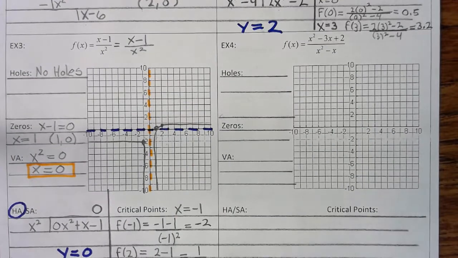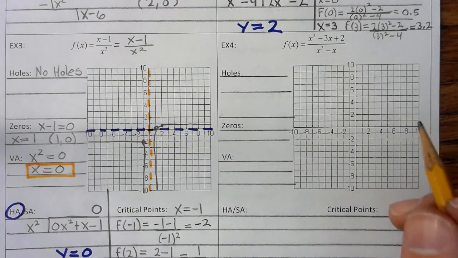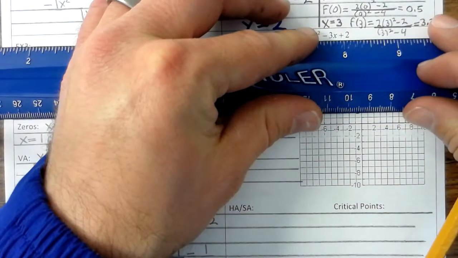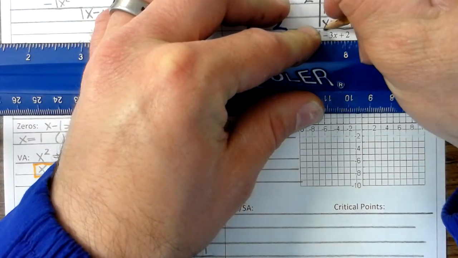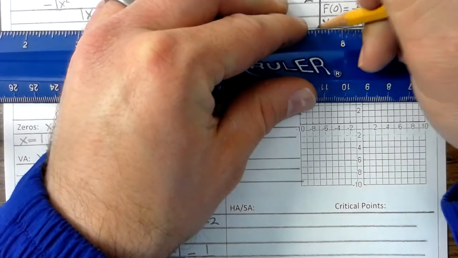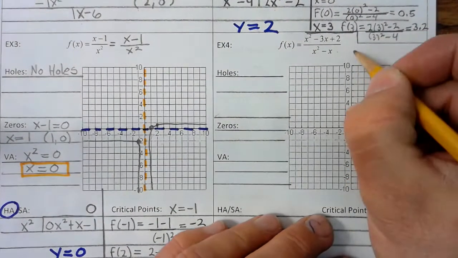All right, so now let's look at example 4. Now, apparently I've used up some of the space for this problem, so I'm going to have to kind of branch off here. All right, so we'll have to do our factoring down here.